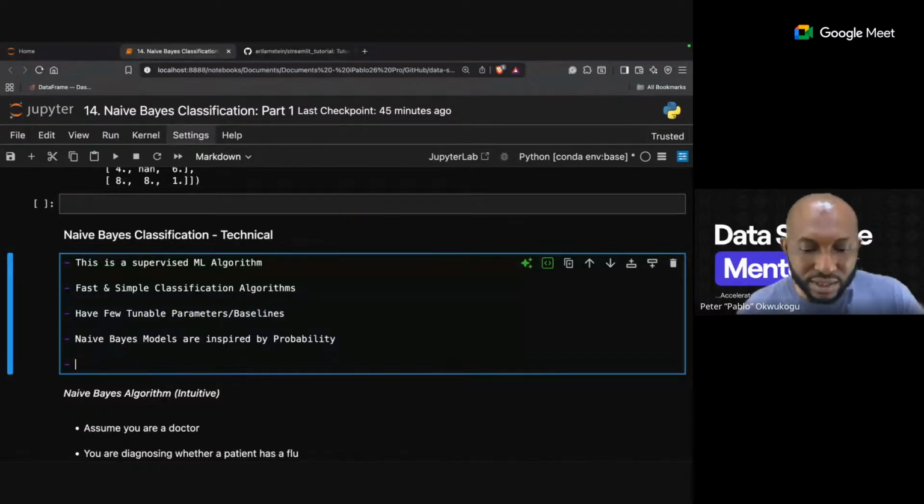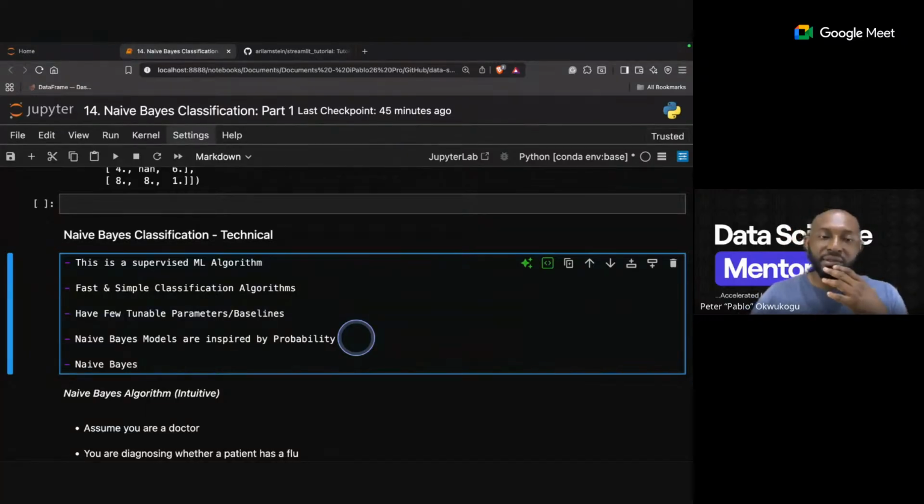So here I would say Naive-Bayes uses an equation describing the relationship of conditional probabilities.